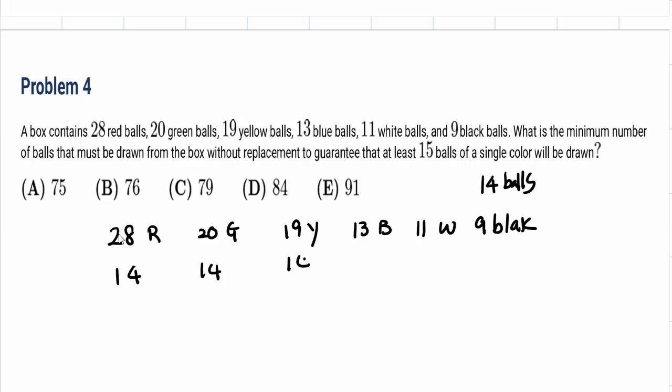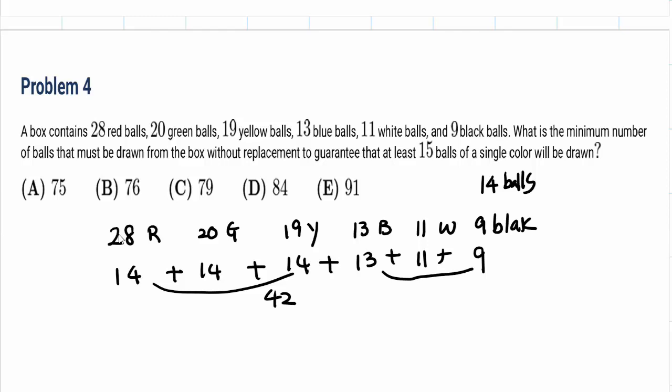Take up 14. Oh, this is not 14, right? We just take more of everything. 11, 13, 11, and 9. Okay. So what is the sum of all these balls? Take a look. This is 42, 20, 33. Okay, that is 75, isn't it? 75 balls is out.